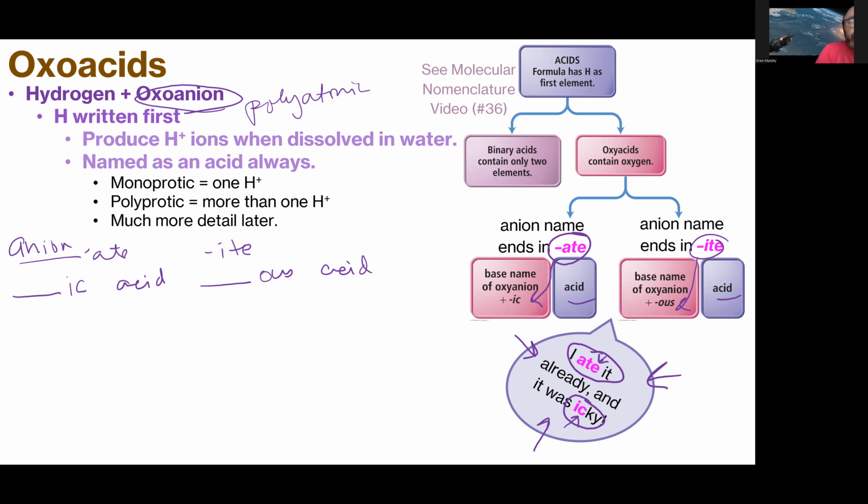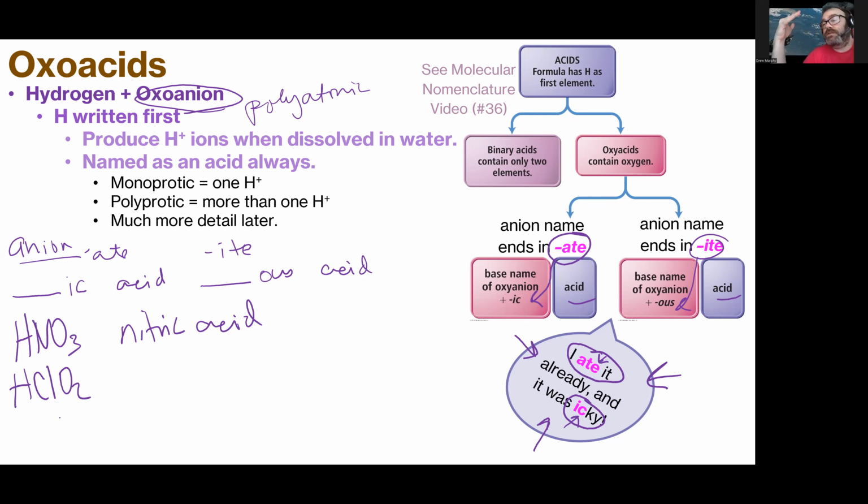So, for example, if we had this acid, HNO3, NO3 minus is nitrate. That ends with ATE. So this is nitric acid. If we had HClO2, ClO2 is chlorite.